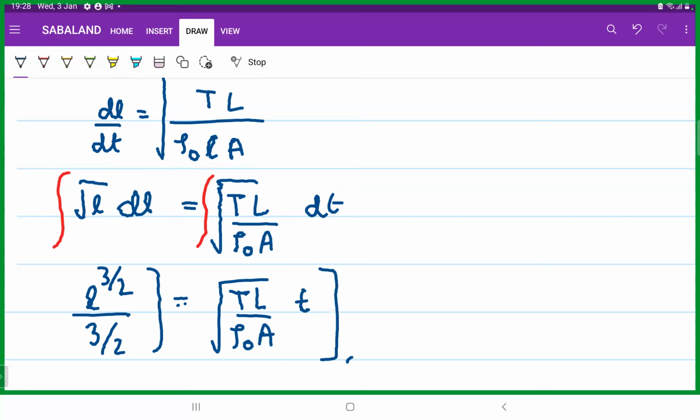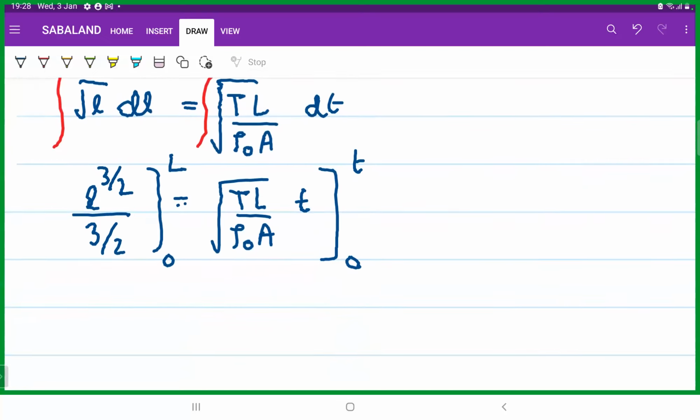When t is 0, the small l is 0, and when time is t, I can't write capital T because it's the tension, the length of the wire which the sound wave has covered is capital L. It's very straightforward.